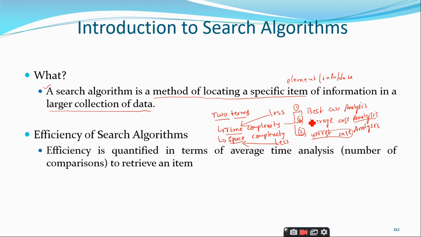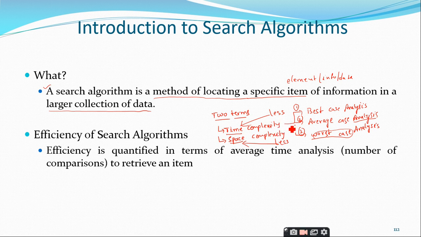So we have different time complexities, and there are different notations for these different analyses, but we are not going to discuss all those things. We are mainly concerned with what time complexity is and how it is used to measure the efficiency of the algorithm. If you have less time complexity, it is considered a more efficient algorithm.